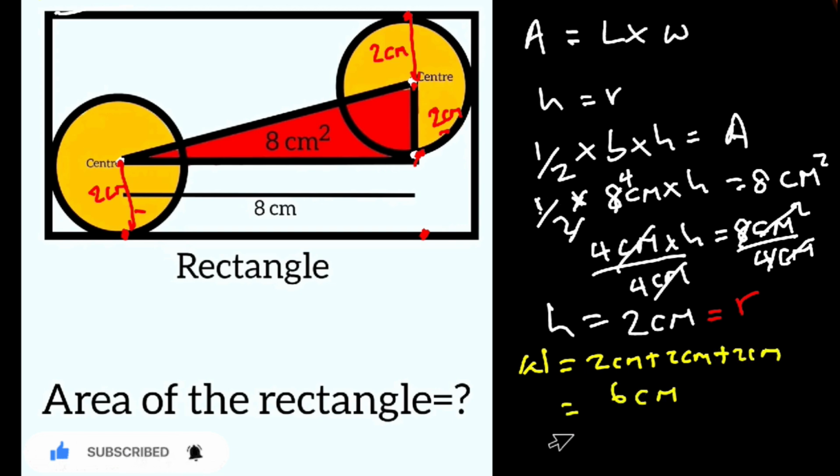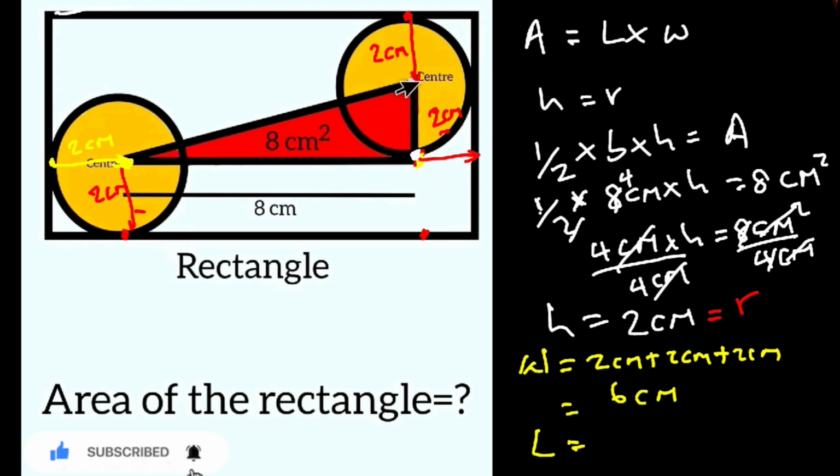So let's find the length. The length of this rectangle is equal to the radius of this circle from this point to this point, which is equal to 2 cm, and then we're already given this point to this point, which is the base of this triangle, to be 8 cm, and then we know that from this point to this point also doubles as the radius of this circle.